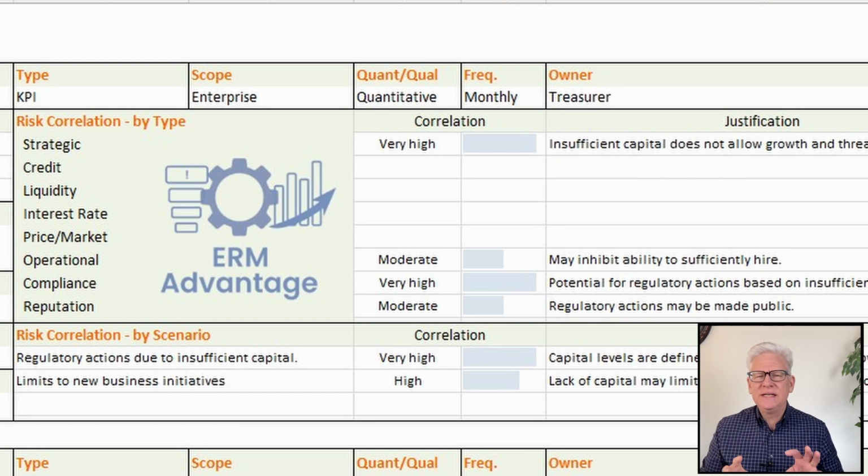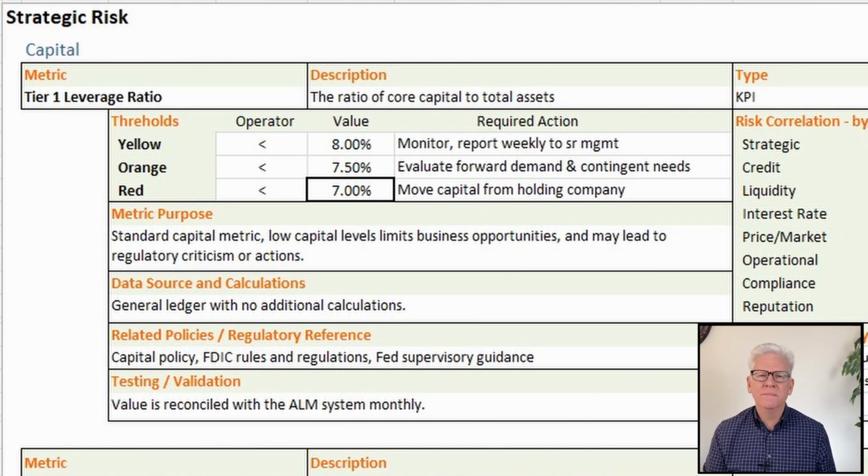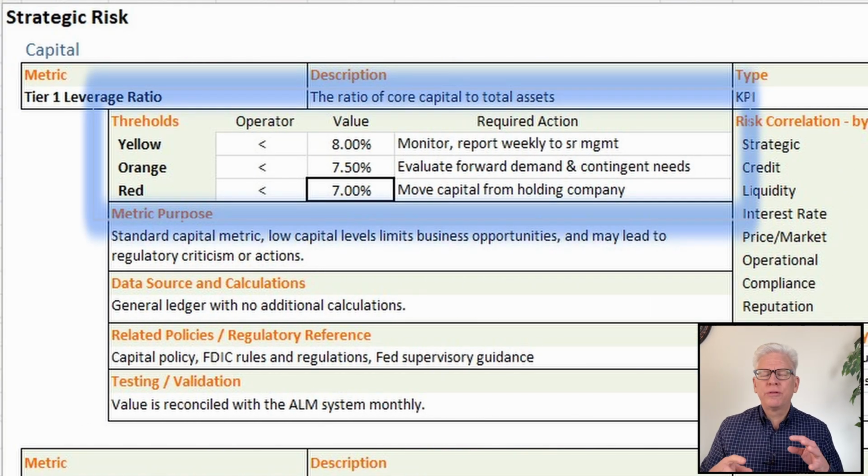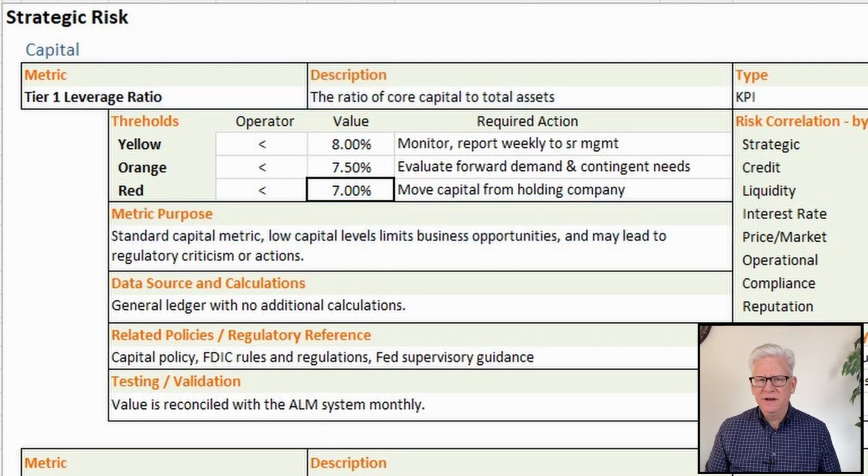Now, we'll start getting deeper into the meat of our documentation, starting with the thresholds for management actions. I happen to be a fan of a 3-level status, a yellow, an orange, and a red, but there's no right or wrong. You can do any levels you want.